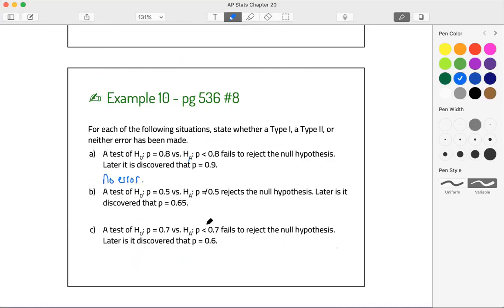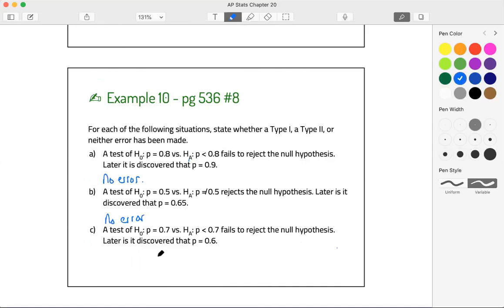B: a test of the null hypothesis p is equal to 0.5 versus the alternate p is not equal to 0.5 rejects the null hypothesis. Later, it is found that p is actually 0.65. I rejected that it was 0.5, and I found out it wasn't 0.5. That's a correct decision. No error.